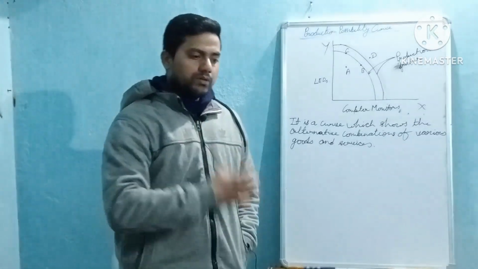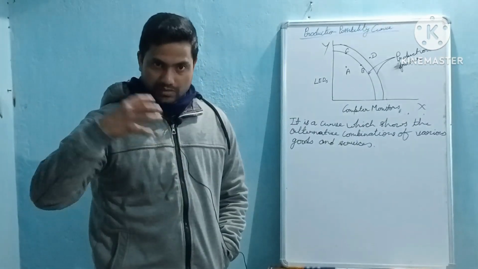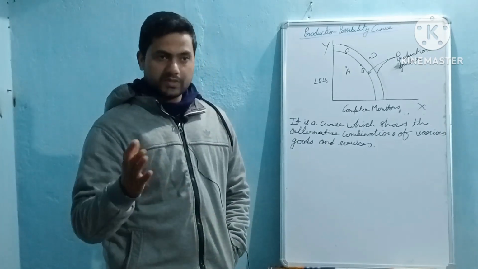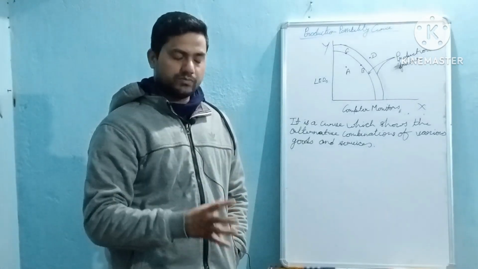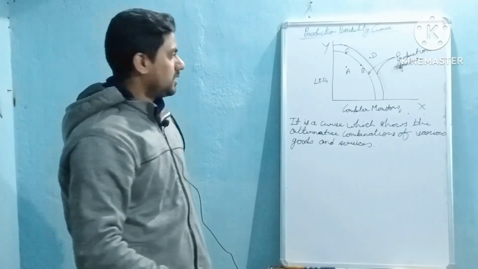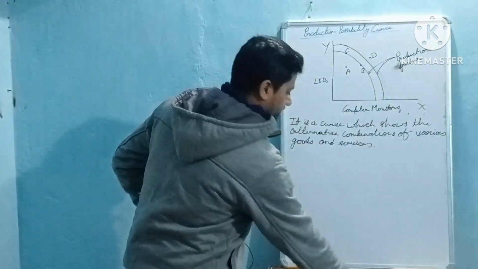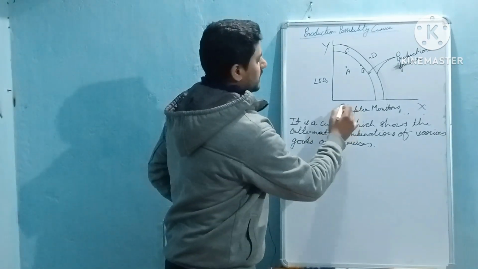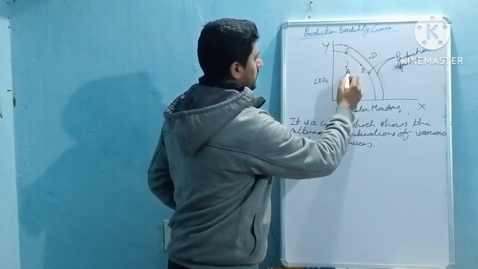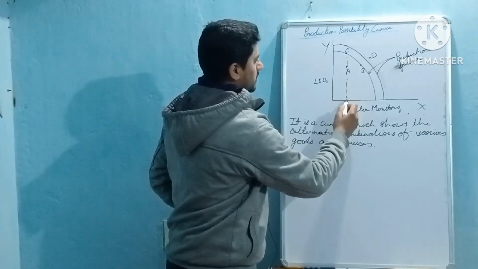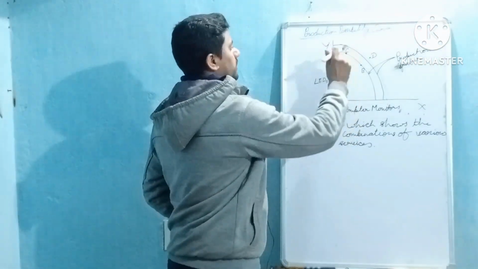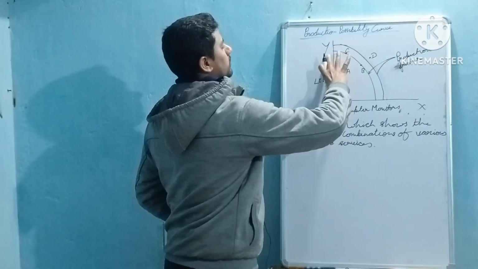So when we produce one kind of good in larger quantity, the other kinds of goods we have to decrease. For example, if we are at point C, only this much amount of computer monitors we are producing, which is much less, and we are producing this much amount of LEDs.